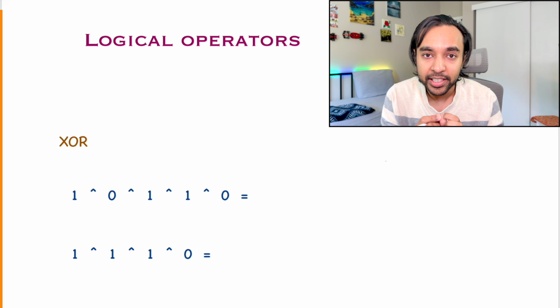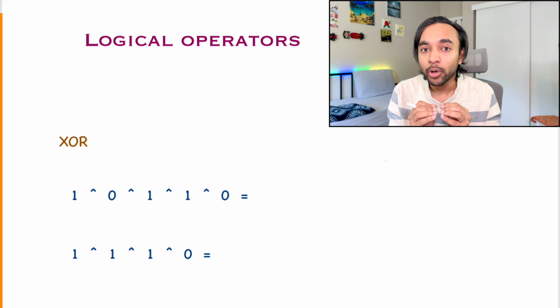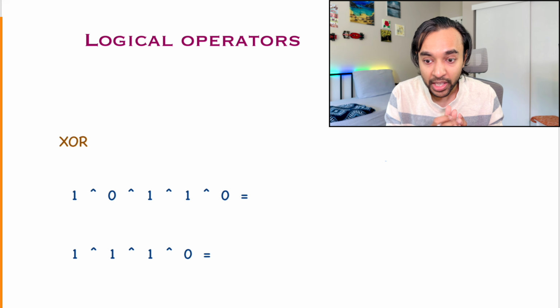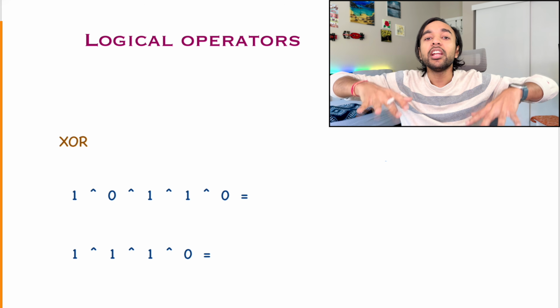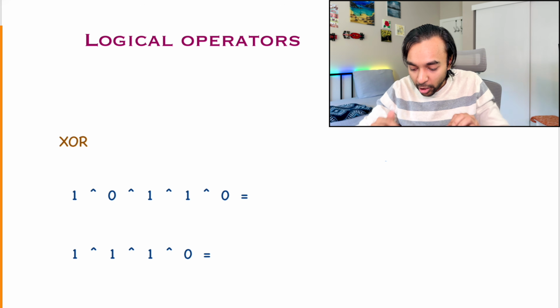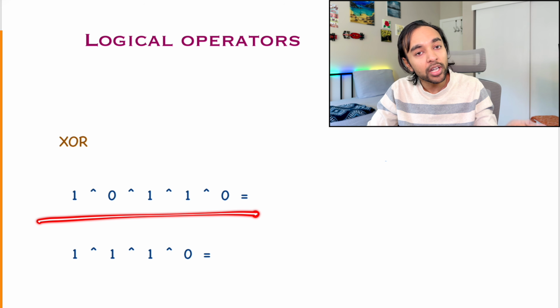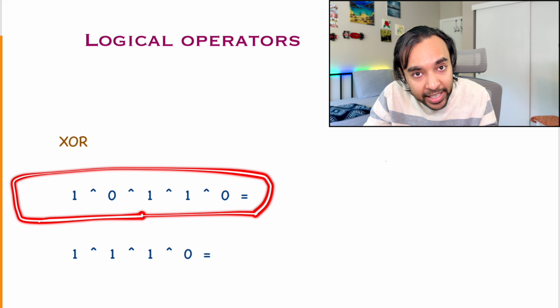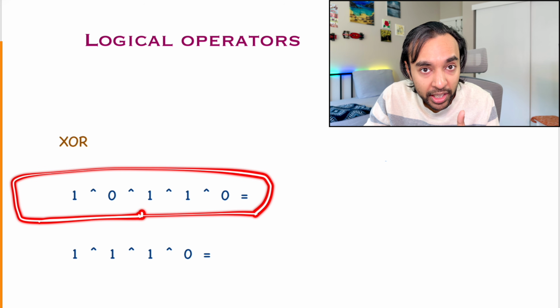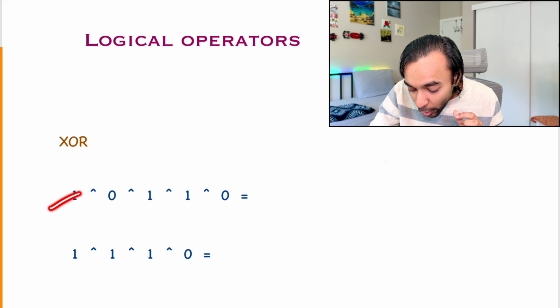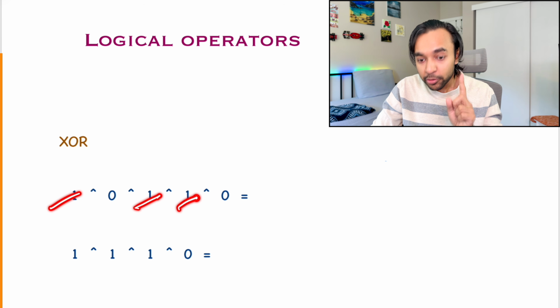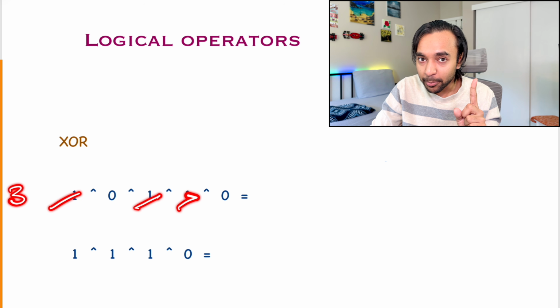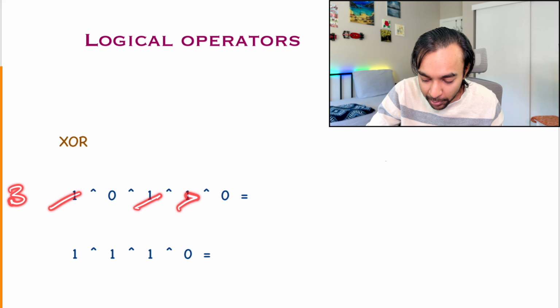Now, it may seem that it works just like the OR operator, but it is a little different. The idea over here, and that is how I like to understand it, and it has always helped me: if I'm given a lot of binary numbers, a lot of bits set, either 1 or 0, then the answer will be 1 when there are an odd number of 1s. You can see that I have 3 1s available, so the answer will be 1.